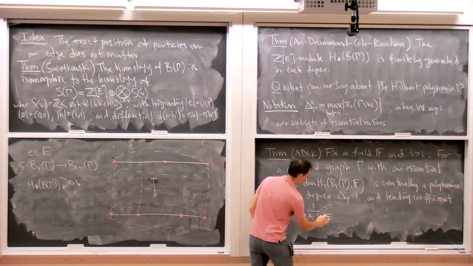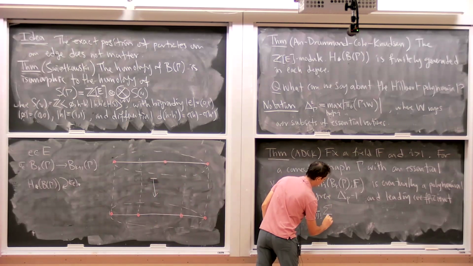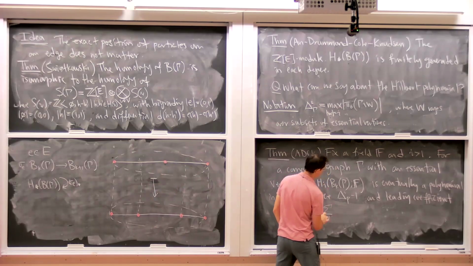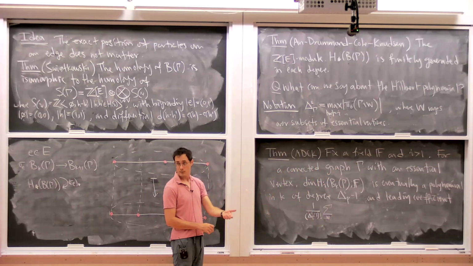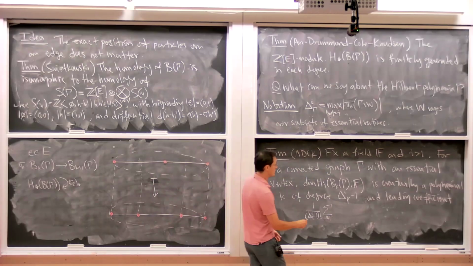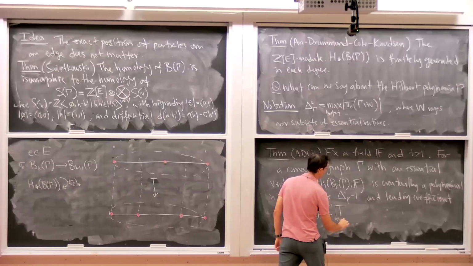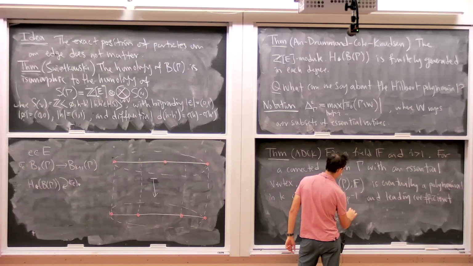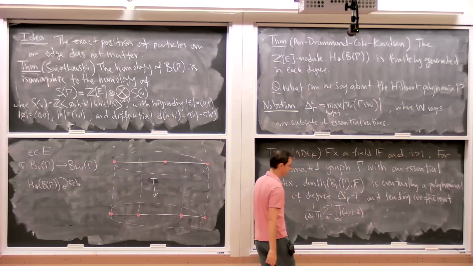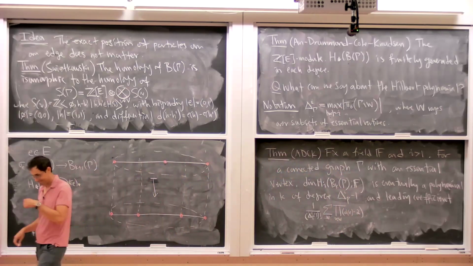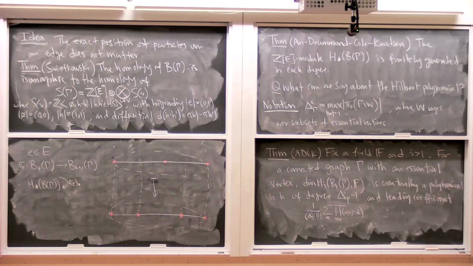Sum over W. And then for every such set of essential vertices, I take a product over the vertices in the subset of the degree or valence of the vertex minus 2. That's the leading coefficient.